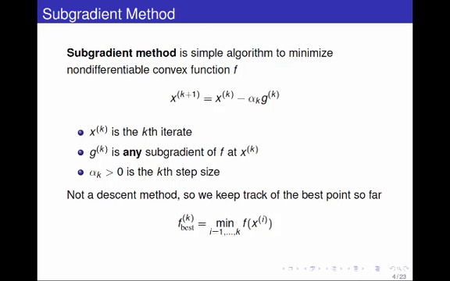And now, one of the things that is different between the subgradient method and the steepest descent method is this: what is one guarantee you have about steepest descent if your step size is small enough?